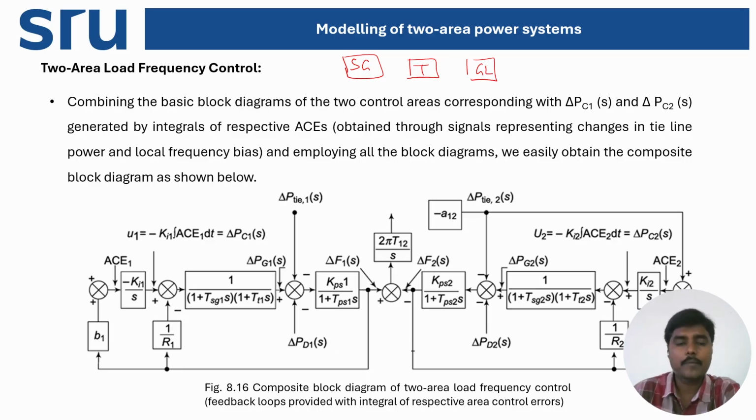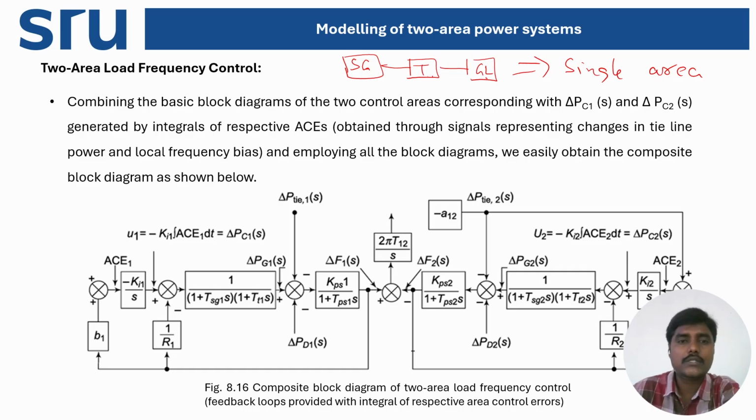Once we developed a mathematical model individually for these three, we combined them. We combined the mathematical models of speed governor, turbine and generator load. Then that gives single area load frequency control, or the mathematical model for a single area.